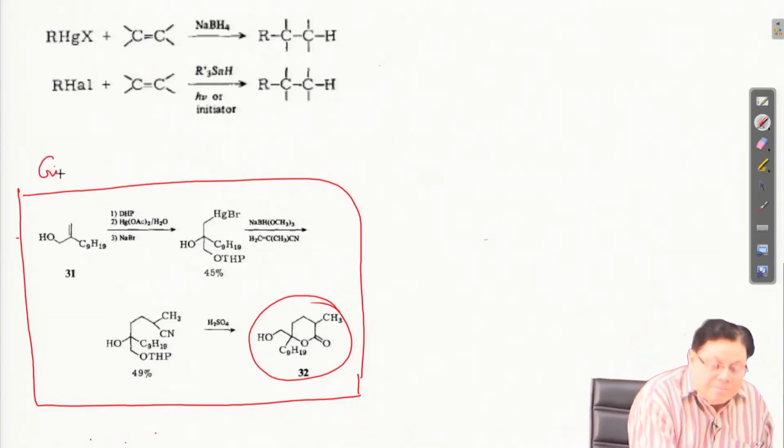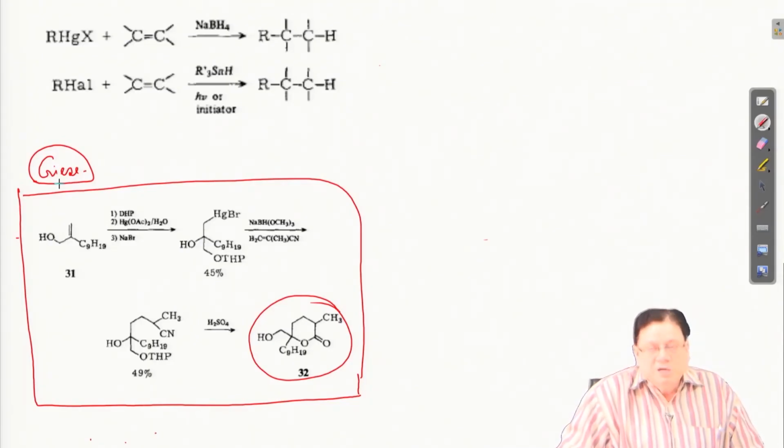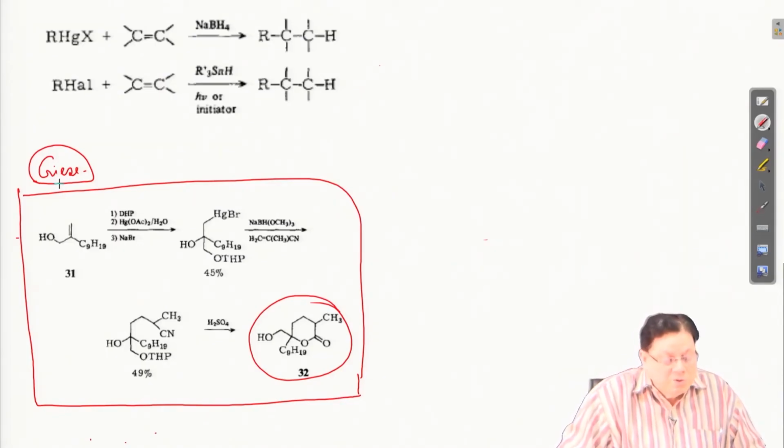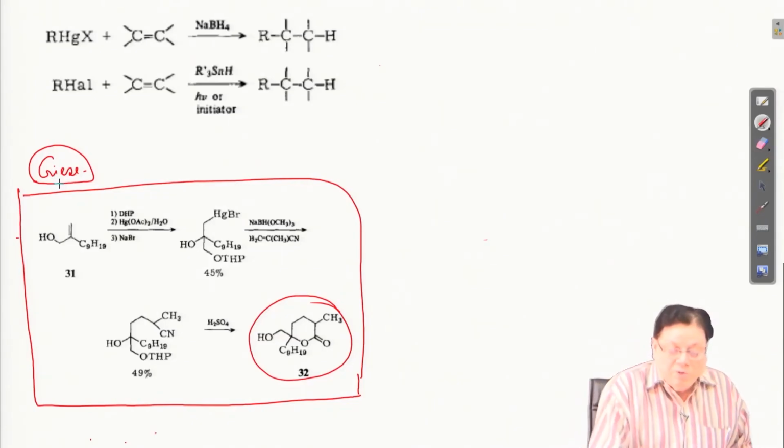Giese, the German scientist, is a pioneer of this development of radical chemistry. So, with very few steps he could make this lactone, and how could he achieve that?